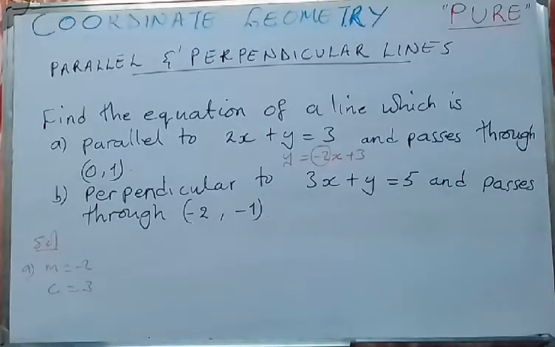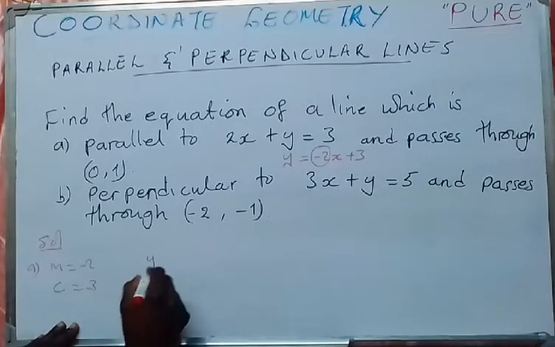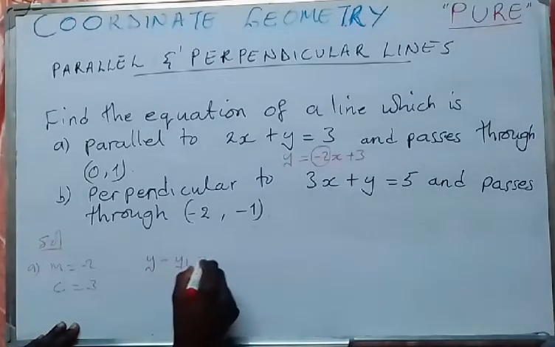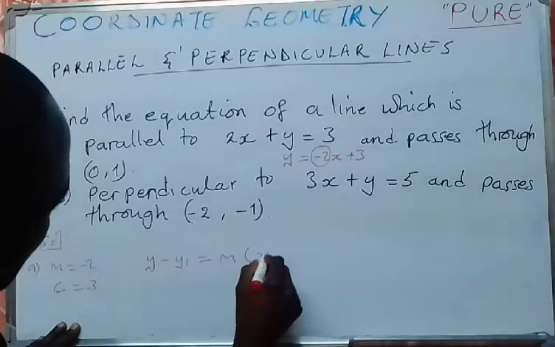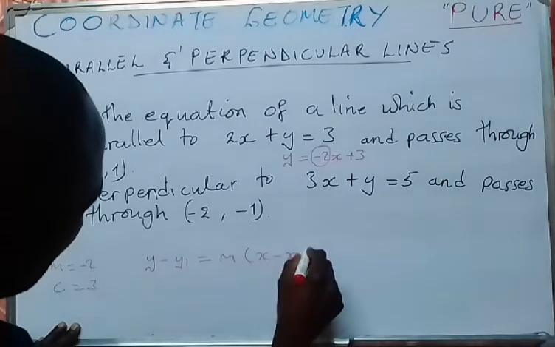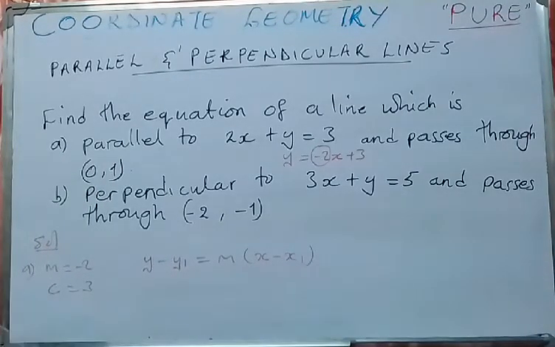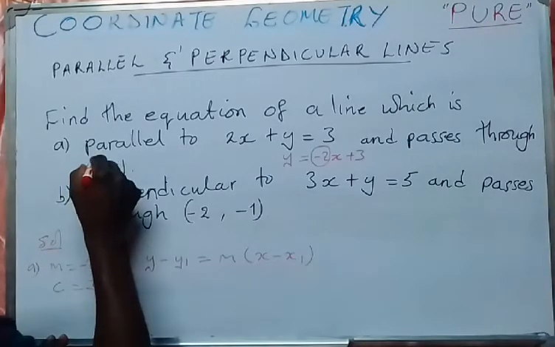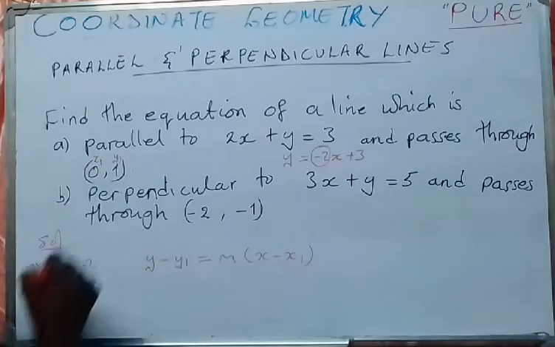We are going to have y minus y1 equals gradient, open bracket, x minus x1. On this point (0, 1), our 0 will be our x1 and our 1 will be our y1.